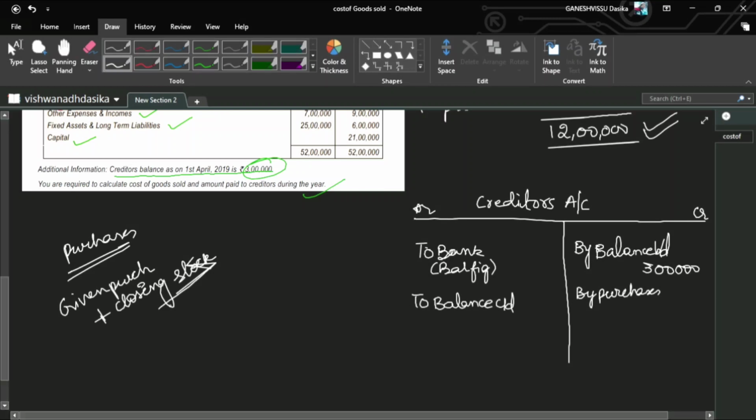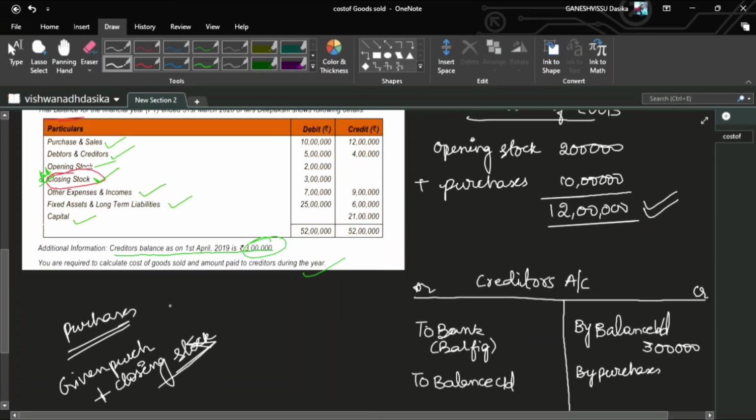What it is, let us now see. What is the given purchases value? The given purchase value is 10 lakh rupees, and the closing stock value is 3 lakh rupees.